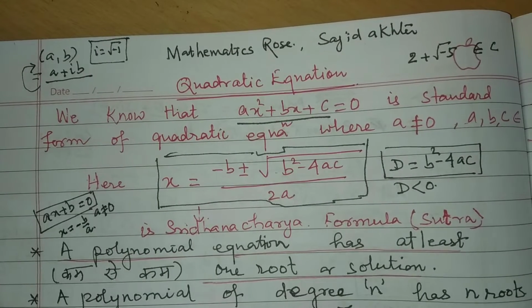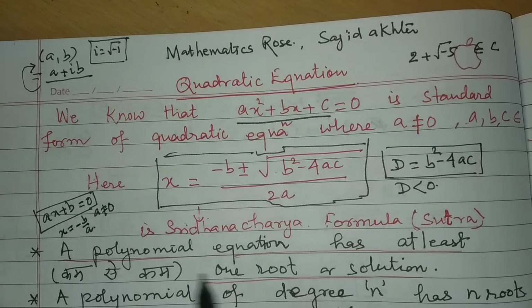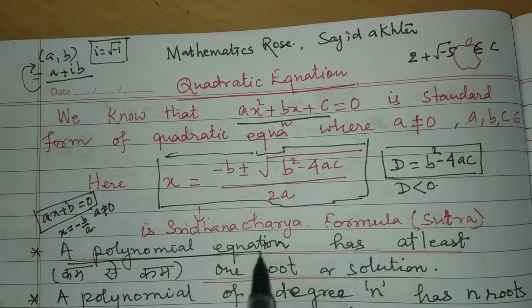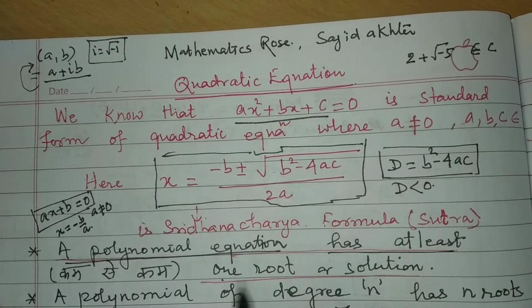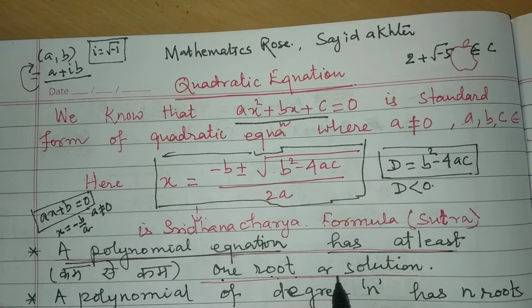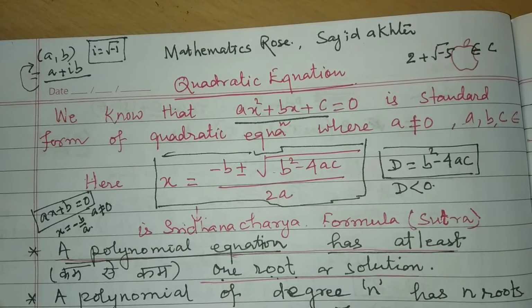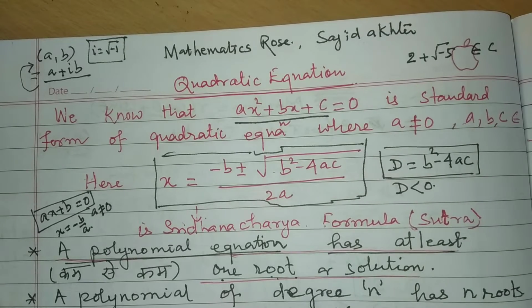The fundamental theorem of algebra says that a polynomial equation has at least one root or solution. It may be complex, but at least one root will exist.